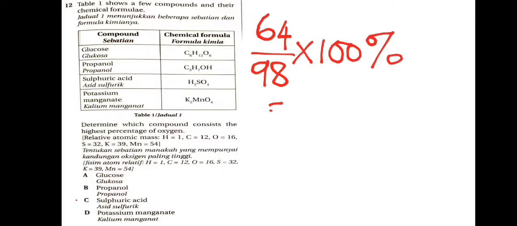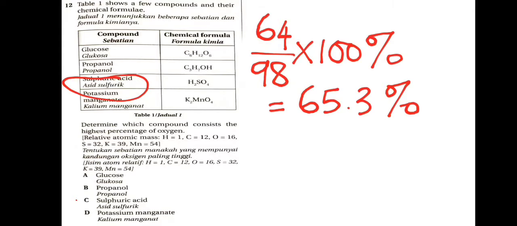So 64 divided by 98, times 100%. So we get the percentage of oxygen in sulfuric acid, which is 65.3%. So our answer is sulfuric acid, which has the highest percentage of oxygen.